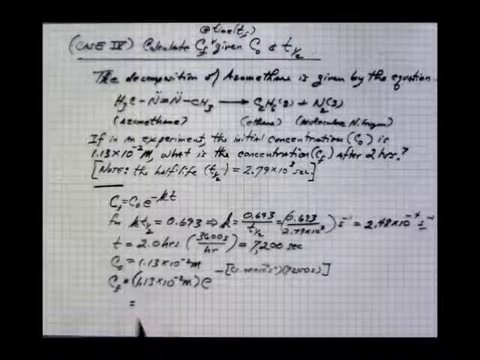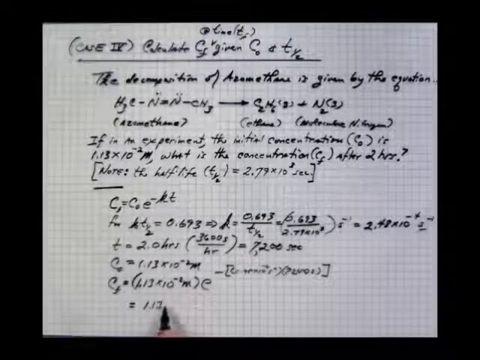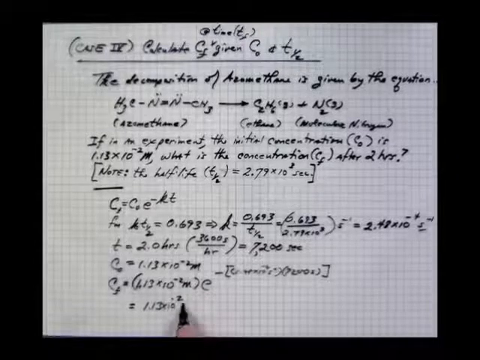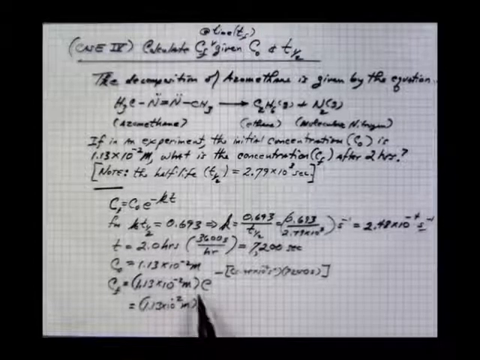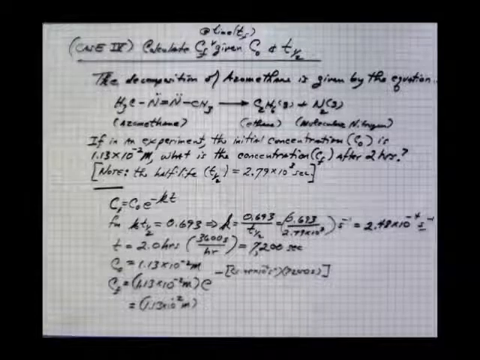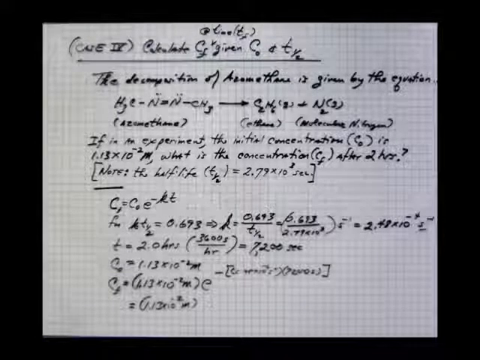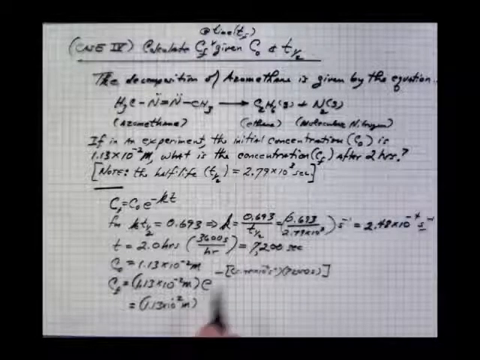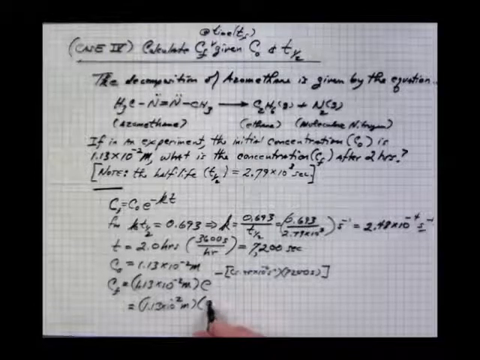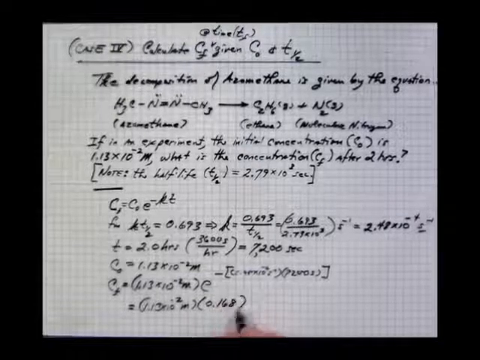Then this will give us 1.13 times 10 to the minus 2 mole per liter, and the e to the minus KT calculates to be 0.168.